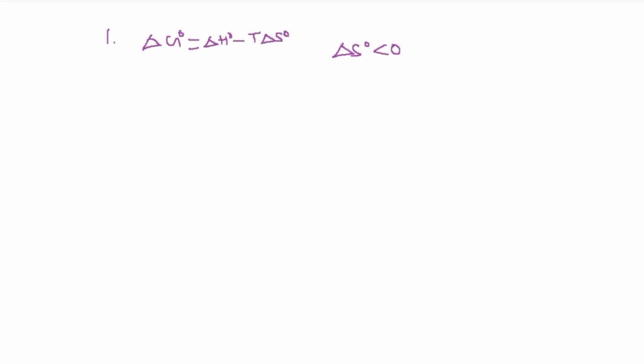When this is less than 0, that is negative, the slope will be positive. Slope is greater than 0. For the plot of delta G naught versus temperature, slope will be positive for most of the metal oxide formation reactions. However, for the formation of carbon monoxide from carbon, the slope is negative.